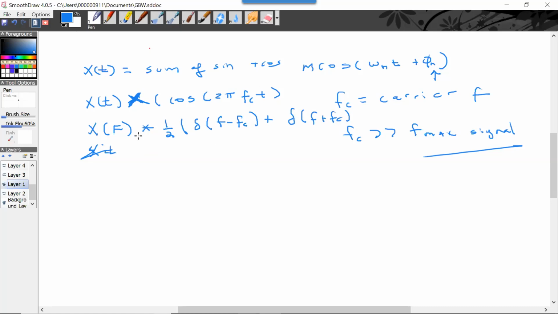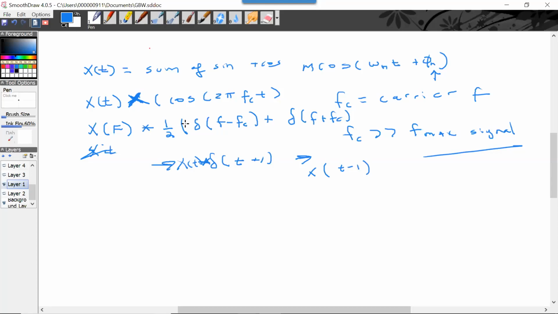While convolution is difficult, convolution with a delta function is not that difficult. If you convolve in the time domain delta(t minus 1) with x(t), you would get x at t minus 1.